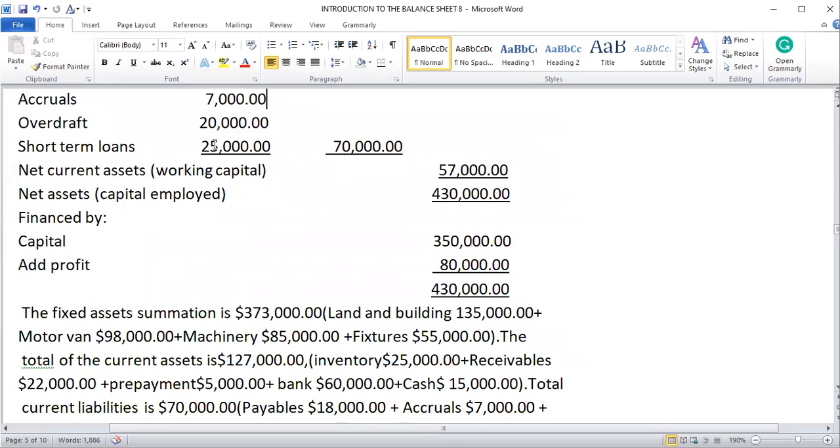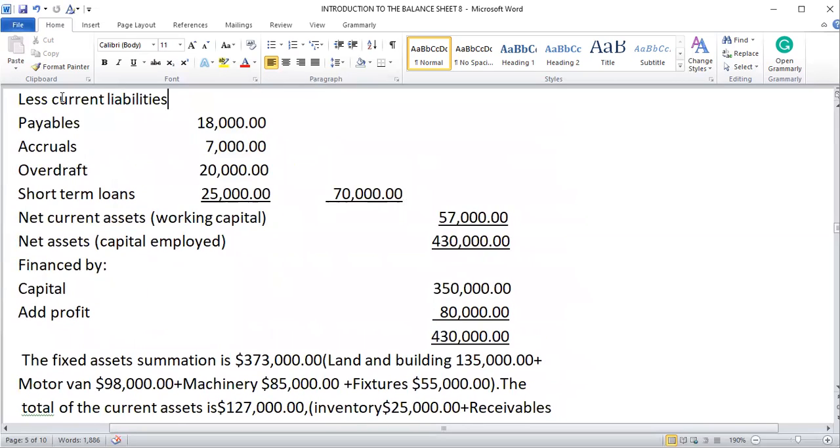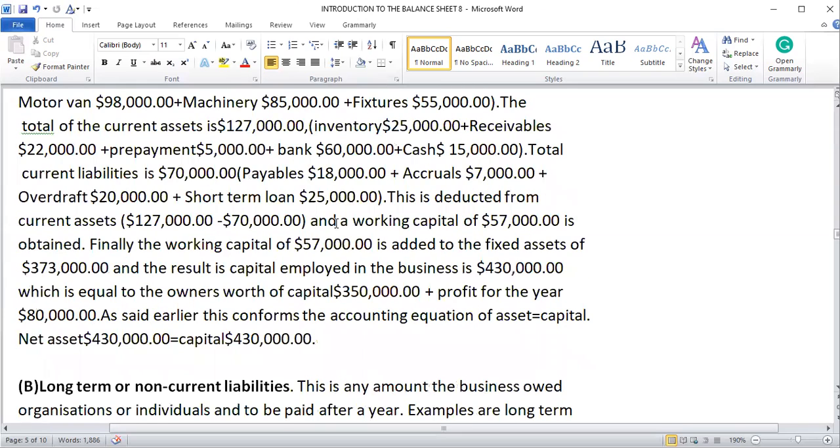So that's it. All add up to $70,000. All the current liabilities add up to $70,000.